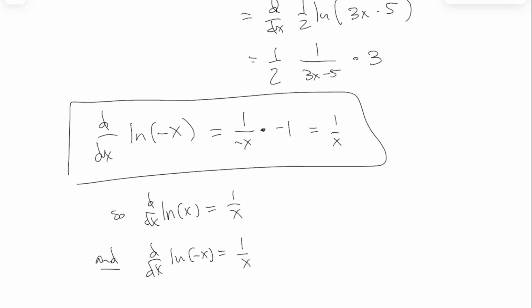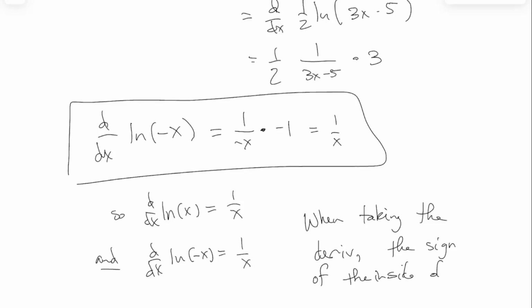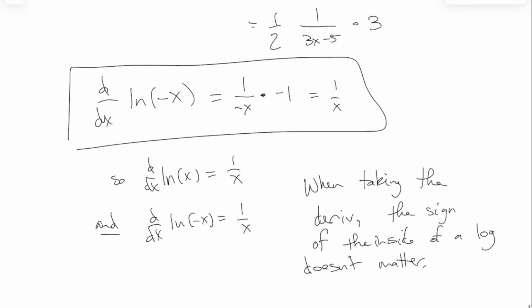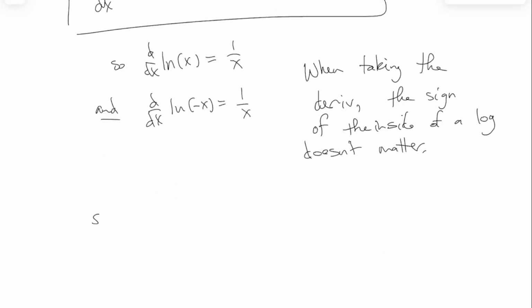What this means is, a little weird, but when taking the derivative, the sign of the inside of a log doesn't matter, right? Natural log of x and natural log of negative x, their derivatives are the same. That sign is irrelevant. And so, for this reason, this formula is often written in this way.